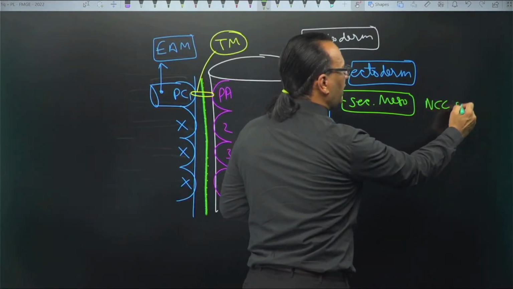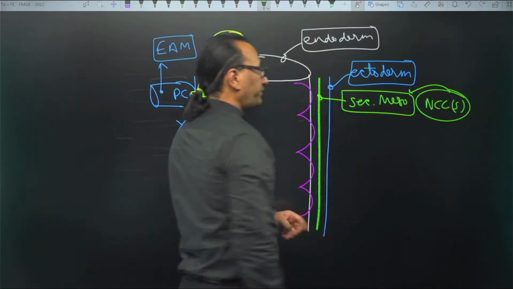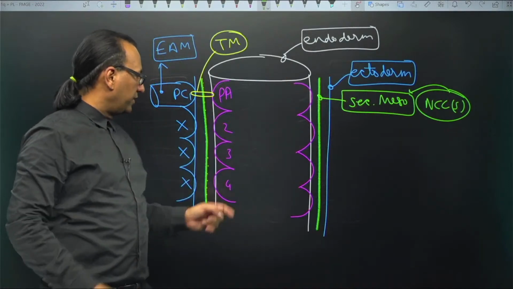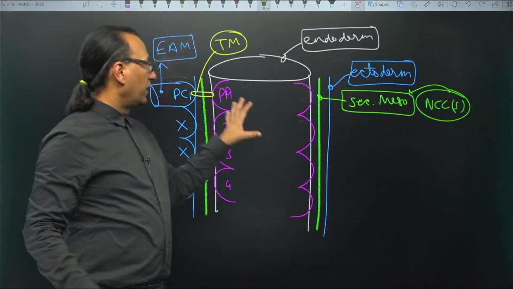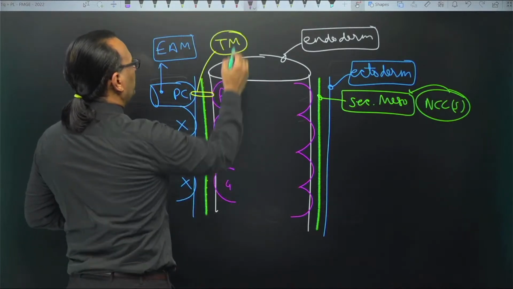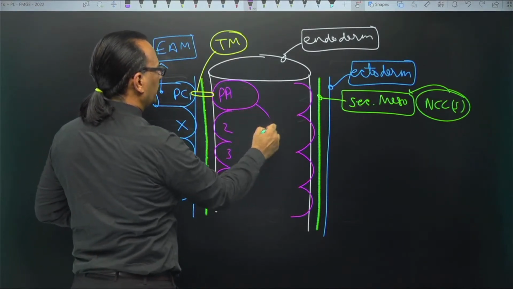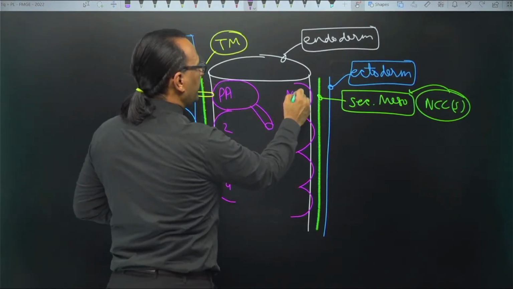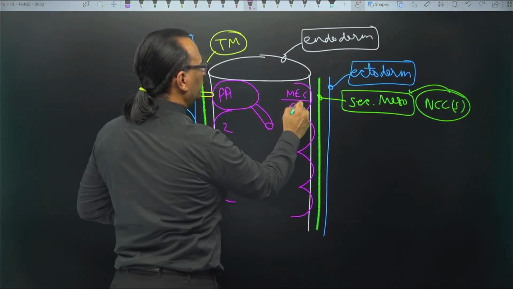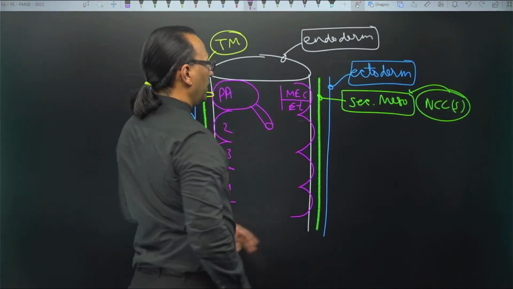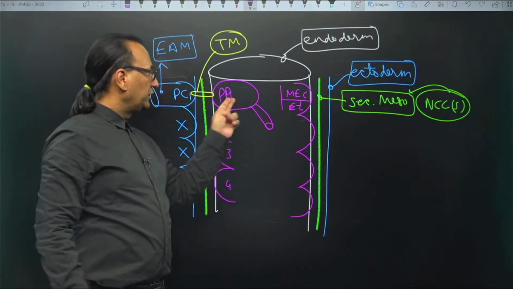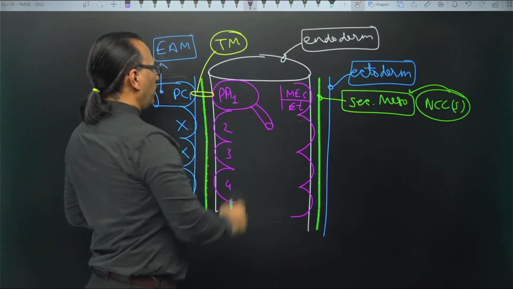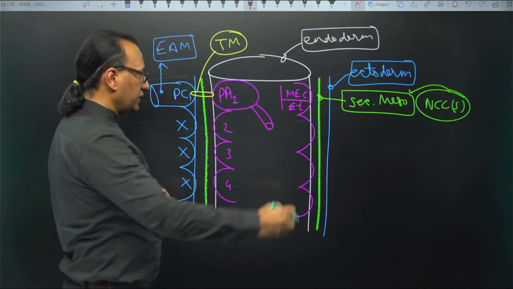And neural crest cells are also important because they stimulate the endoderm to give us some pharyngeal pouch derivatives. Like pouch 1 was giving us, we mentioned, the middle ear cavity and eustachian tube. So the middle ear cavity and eustachian tube will be lined by epithelium which is endoderm of pharyngeal pouch number 1. Now what is pouch 2 giving? The tonsillar epithelium.